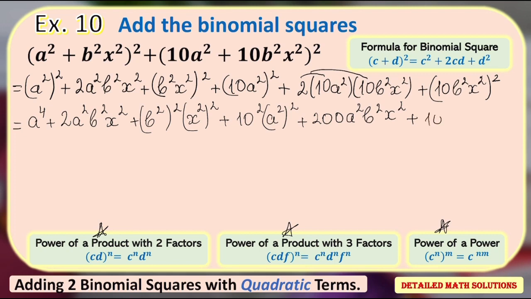This way I get 10²(b²)² multiplied by (x²)².